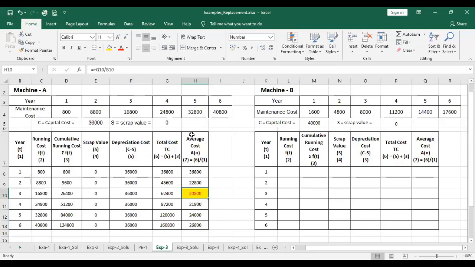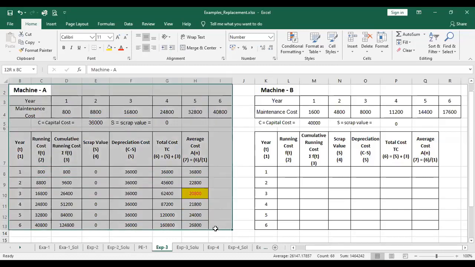The cost is getting increased by 1,000 rupees, which is 21,800 rupees, so it keeps on increasing. So we must change the machine at the third year. After using it for the third year, the machine must be changed. That is the case for machine A only.